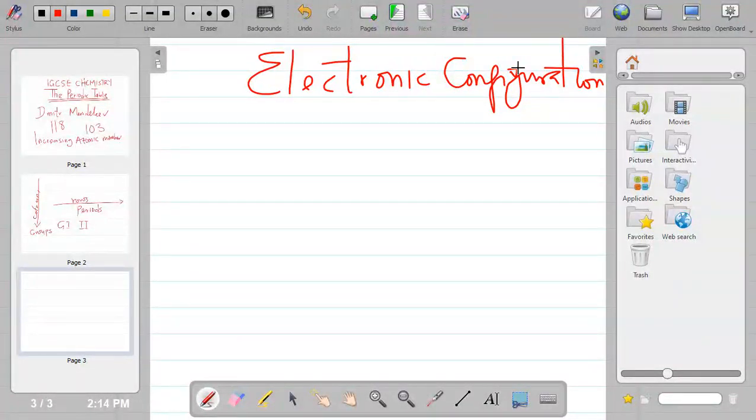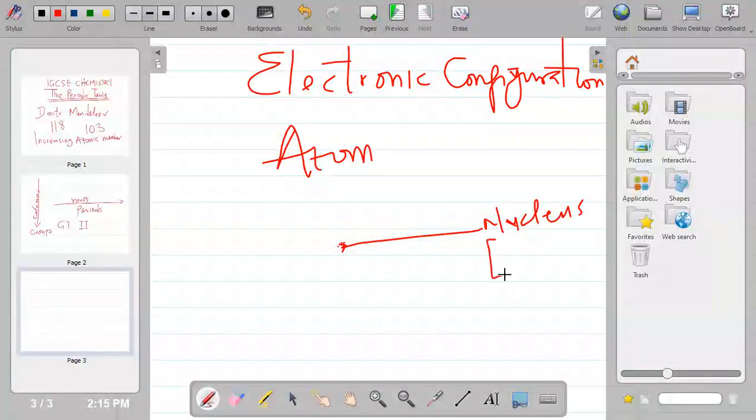Now, we should understand that an atom is made up of a central positively charged nucleus, and the nucleus consists of the protons and the neutrons.